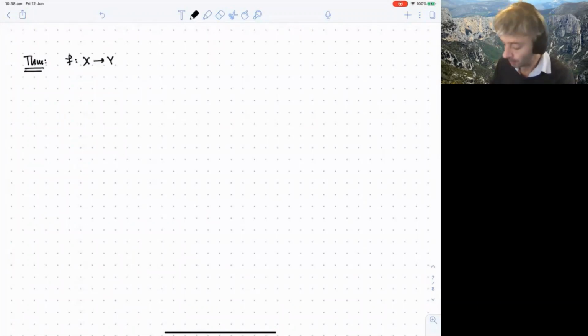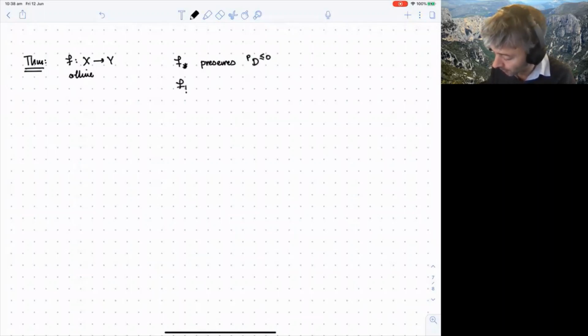If we have an affine morphism, then f lower star preserves PD less than or equal to 0, and f lower shriek preserves PD bigger than or equal to 0. So this is kind of the cohomological dimension of affine morphisms. It's very important. And how on earth do you not forget this?